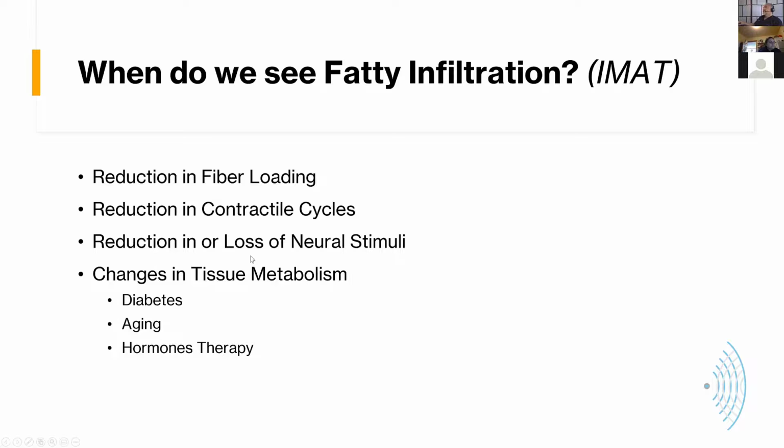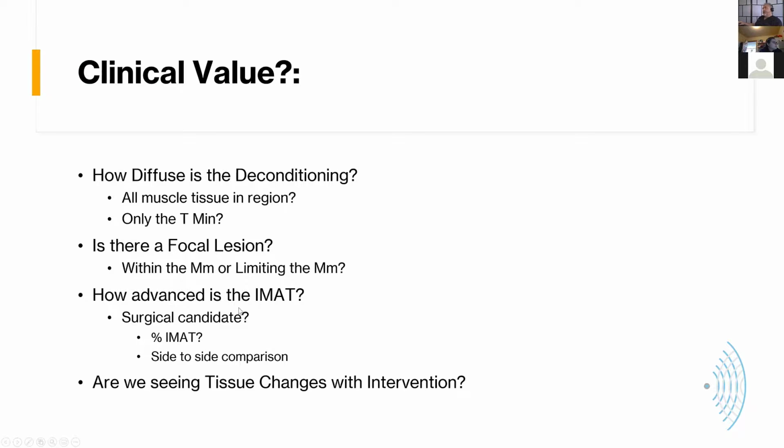When there's a reduction in or a loss of neural stimulus. Well, that was shown in that teres minor video we saw, where muscles themselves started to become fatty infiltrated simply because they do not have electricity to them, allowing them to go into a load and an unload. And fatty infiltration occurs in diabetes, with aging, and in the taking of various types of hormone therapies.